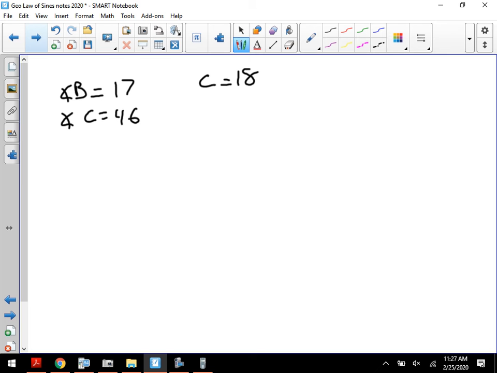What I want to do is just draw a picture, label it A, B, and C. It does not have to be perfect. Fill in the blanks of what you know. Angle B, 17. Angle C, 46. Little c, 18. Make a list of what you need to find. Well, you've got to find A and little b.